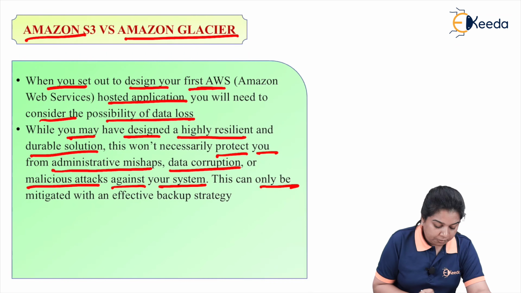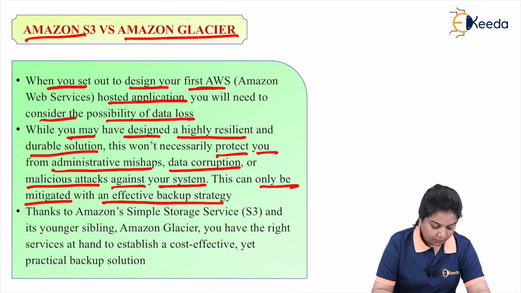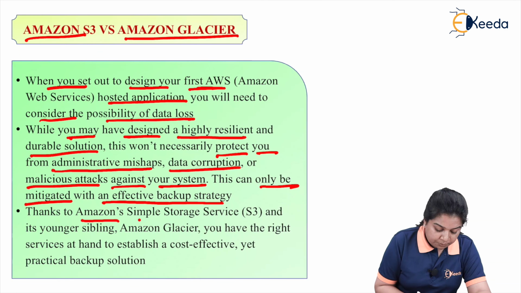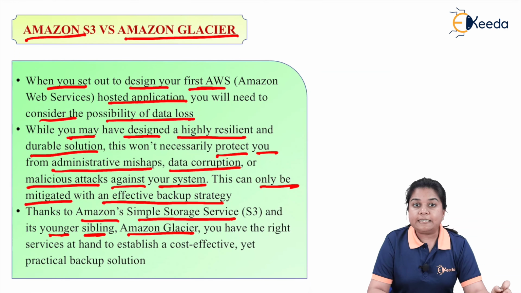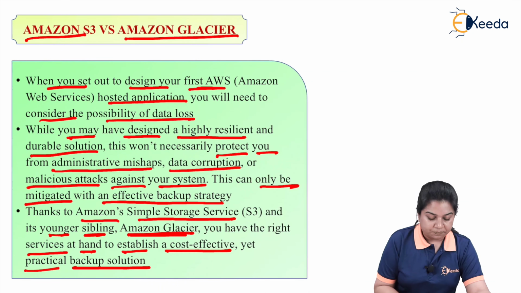This can only be mitigated with an effective backup strategy. Thanks to Amazon's Simple Storage Service and its younger sibling Amazon Glacier, here you have the right services at hand to establish a cost-effective yet practical backup solution.